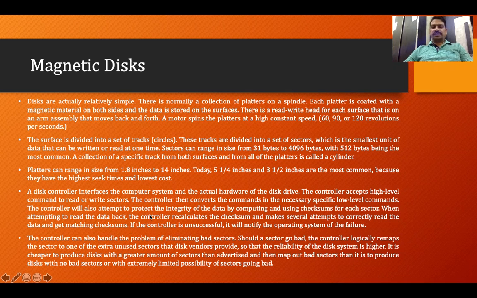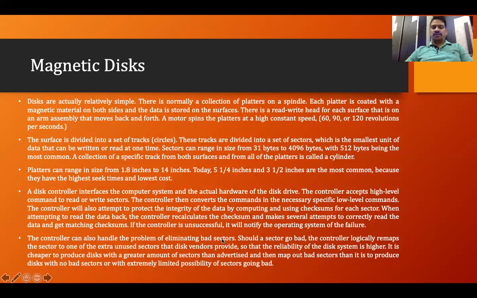So what it wants to say is, in your hard drive there is a controller which will take care of the integrity of the data, whether whatever data you have stored is stored without any problem or not. If there is a problem, then the controller will decide that, and it will eliminate that particular sector which has the problem, and that is called a bad sector.